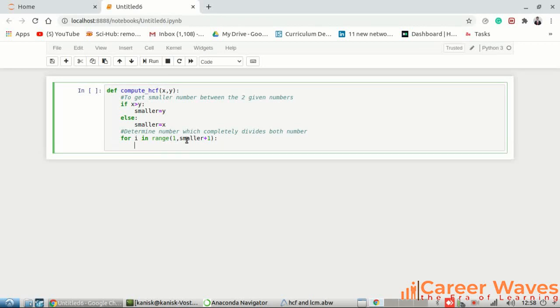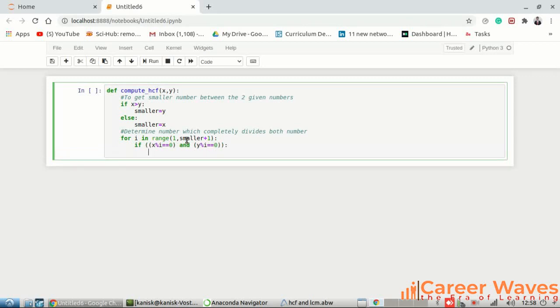Now we will calculate for this. If x percent i is equal to 0, and similarly for y percent i is equal to 0, then what will happen?